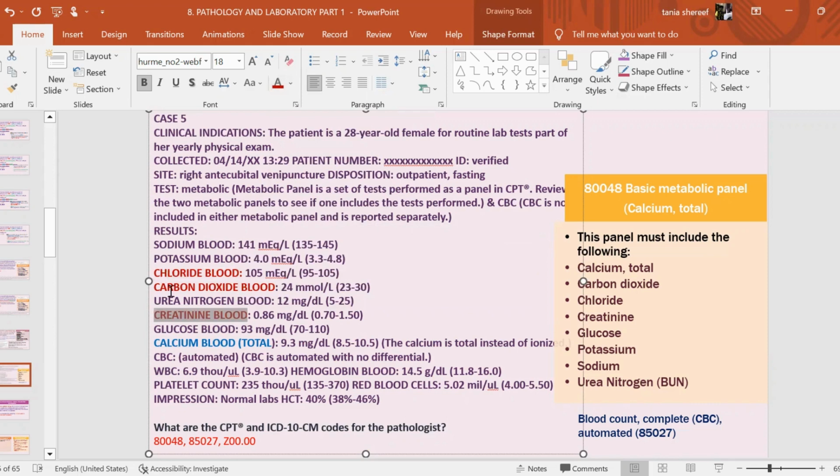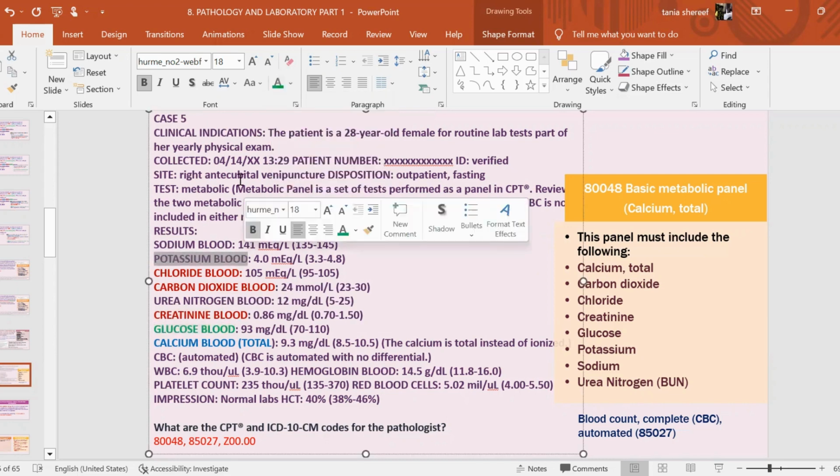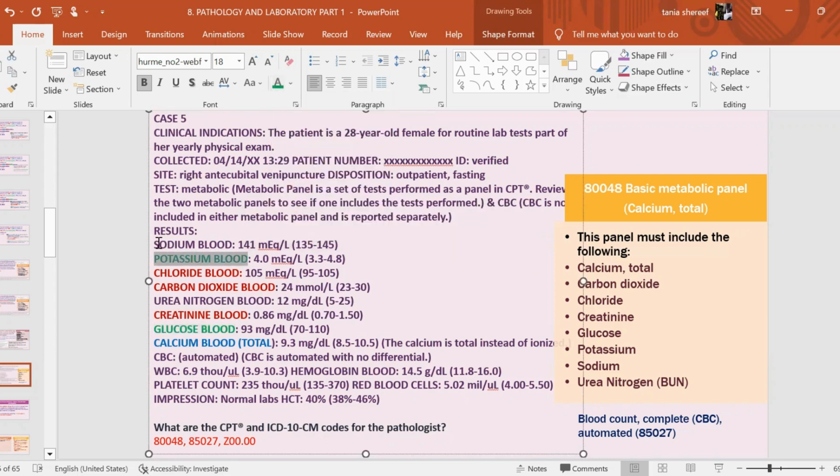Glucose. Next is potassium. Then sodium. Now urea nitrogen. Okay. So all these tests are included in 80048. That is a basic metabolic panel. So first we are coding the basic metabolic panel.